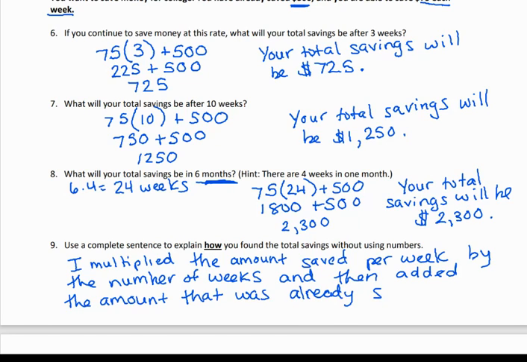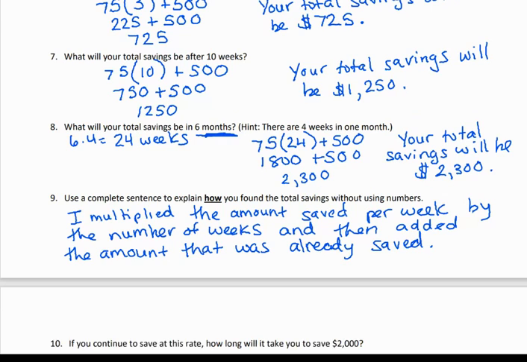So when you guys are doing these explaining problems, first think about what numbers you used and then ask yourself, well, wait a second. What does that 500 mean? I'll use words for that instead. Or what does that 75 mean? I'll use words for that instead. Okay? Good? All right.